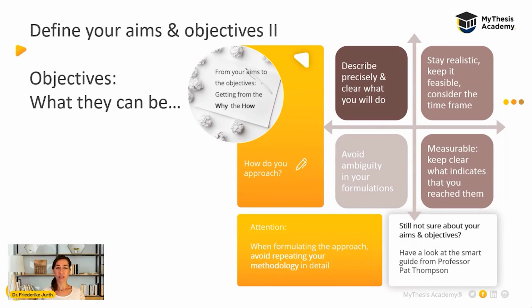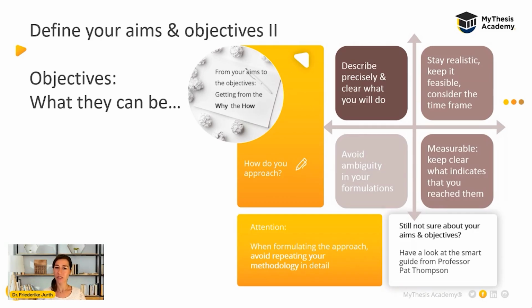What is important is first that you describe very precisely and clearly what you will do. So in which way do you approach the aims? How do you reach the aims?